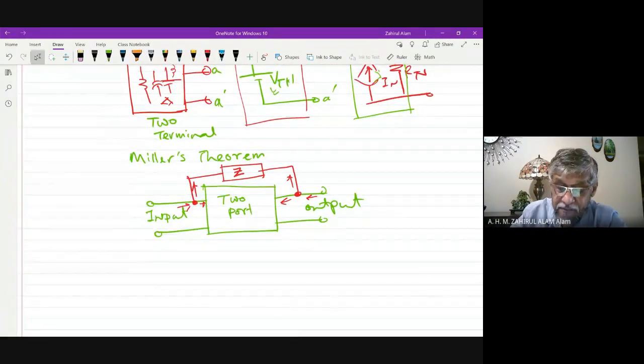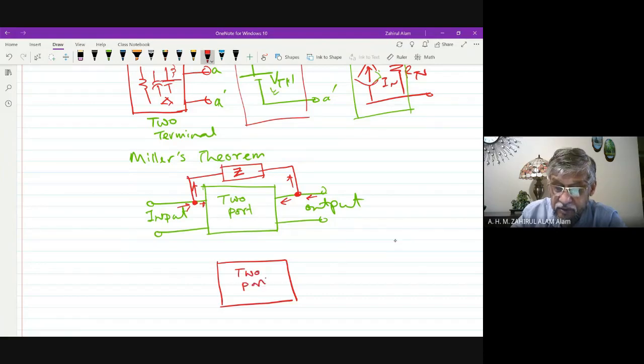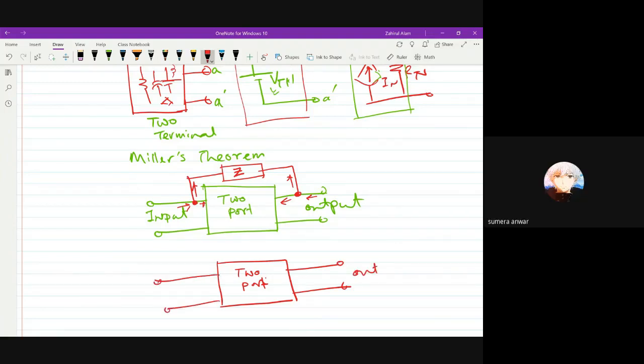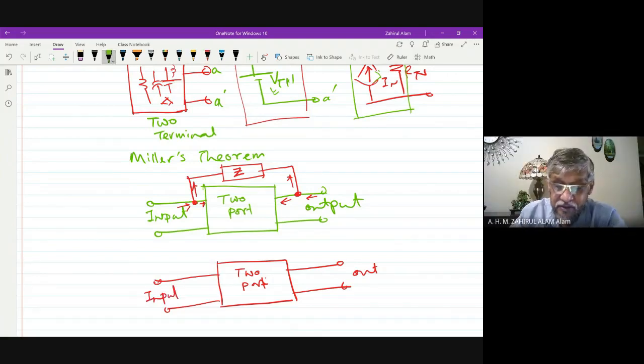How to simplify? This is a two-port network. This is the output as before, and this is the input. Now Z we can bring to the input side, which is equivalent to Z1, and this is equivalent to Z2.